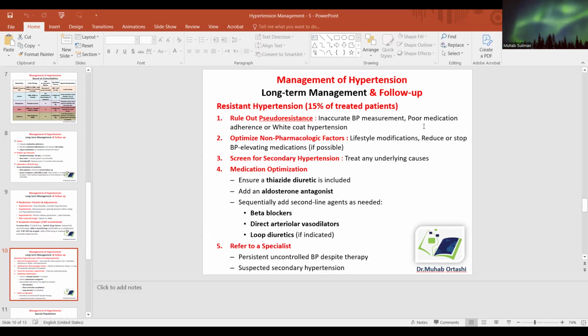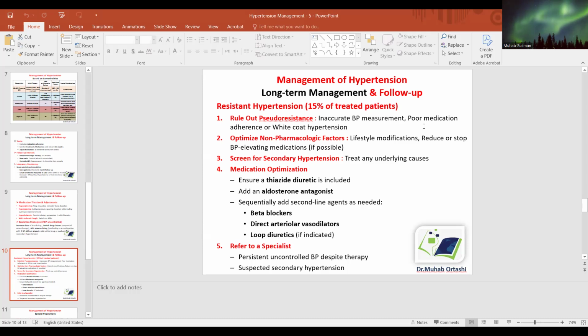We use an aldosterone antagonist, spironolactone or amiloride. Depending on the patient and patient status, we can use other drugs to control it: beta blockers, loop diuretics and a direct vasodilator.